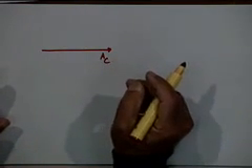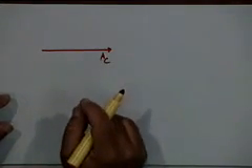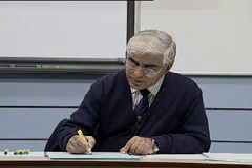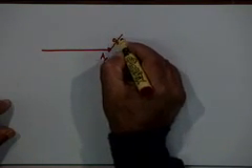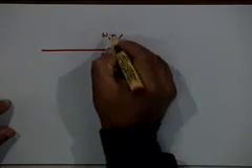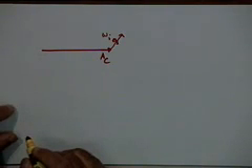E to the power j omega_i t, right? So it's rotating, let's say, like this, at a frequency of omega_i radians, right?